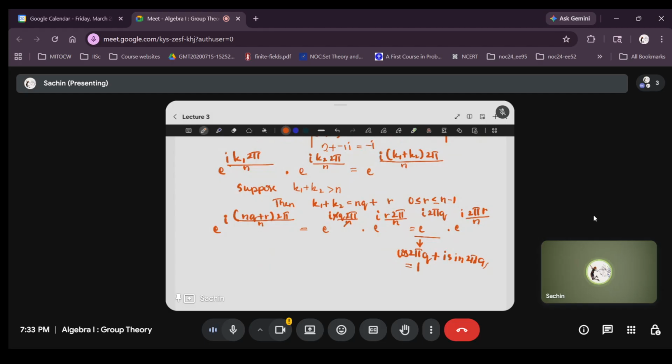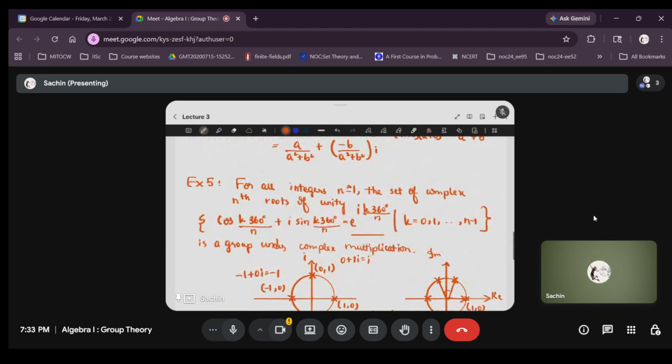So e power i into nq plus r into 2 pi by n, which was actually e power i into k1 plus k2 times 2 pi by n, is equal to e power i 2 pi r by n, where r is a number between 0 and n. So this is actually within the set. So closure is satisfied.